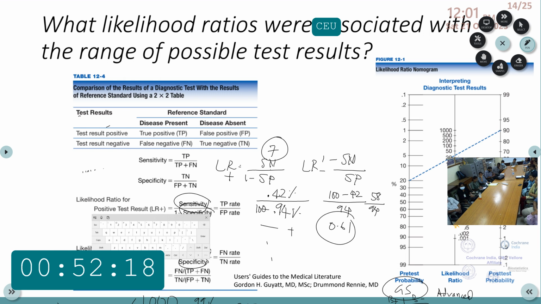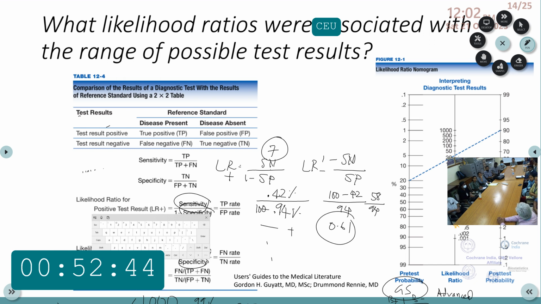So the likelihood ratio depends only on the test characteristics. So that's how we get a post-test probability from here. Okay, so everybody understood that.